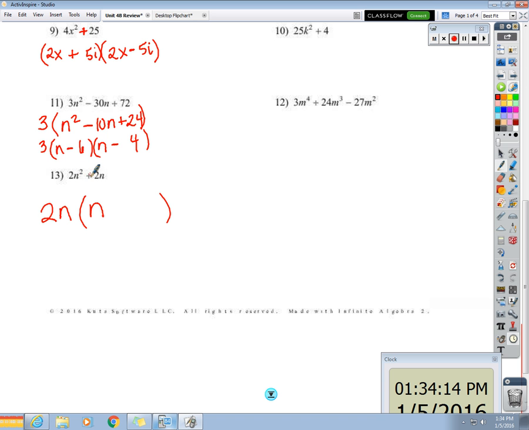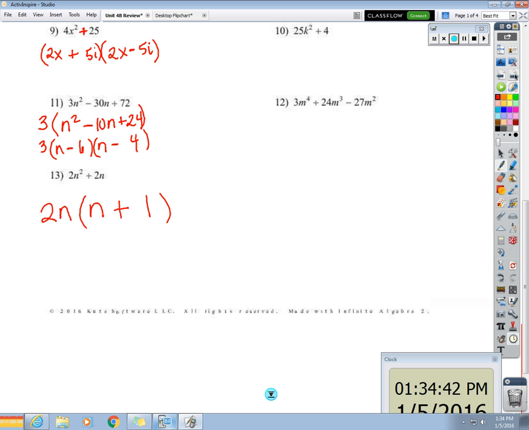Just an n. And then bring down the plus. If you distribute this back out, isn't 2n times n 2n squared? And isn't 2n times 1 2n? So that's how you can quickly check whether you factored it correctly. You can distribute it back out and make sure it matches. Okay, and then you're done, because this can't be factored any further.